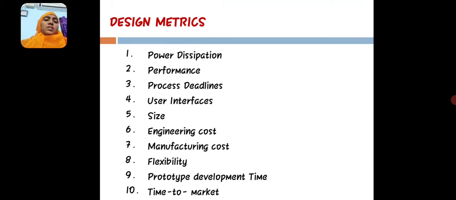Performance depends upon how fast our device is, how many instructions per second it executes, and what the clock speed is. So how fast our device is comes under this.